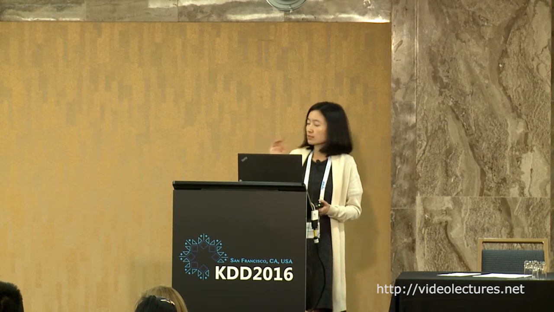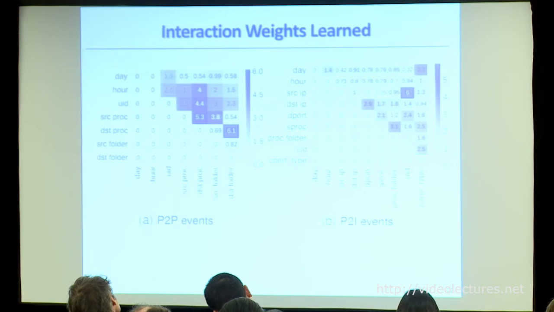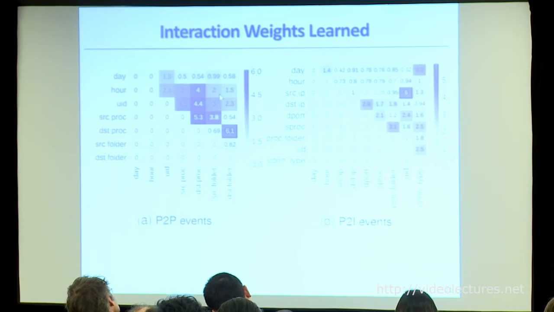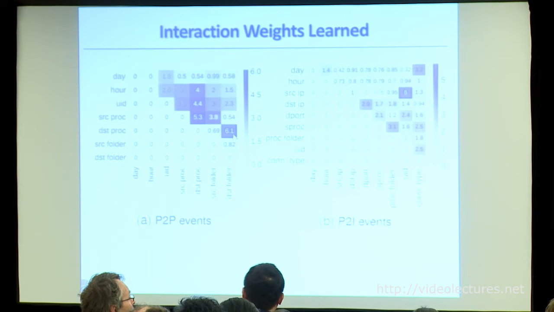As I said, the second type of parameter tells you which type of interaction is more important. That's why we also output this entity type interaction map. For the process-to-process event data, we find that the most important pairwise interaction is a destination process interacting with a destination folder.